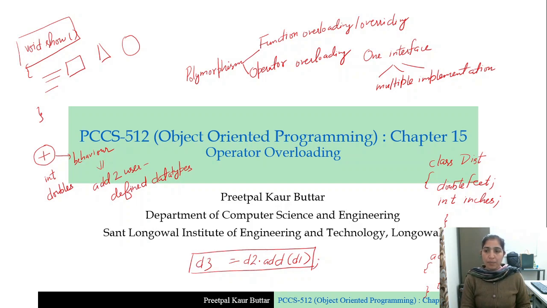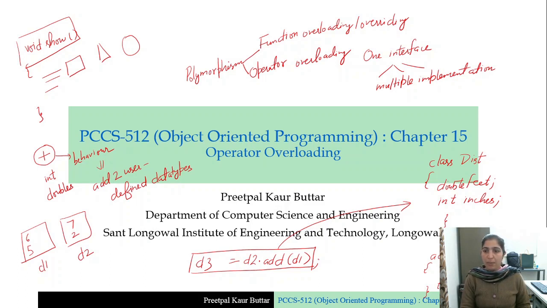It means we have two objects d1 and d2. d1 has its own values for feet and inches, suppose 6, 5. This is d1, and d2 also has its values for feet and inches respectively. Then we are calling d2.add(d1). It means we are calling this add function, which is a member of this class, through the object d2. So d2 is the calling object, and we are passing the second object d1.